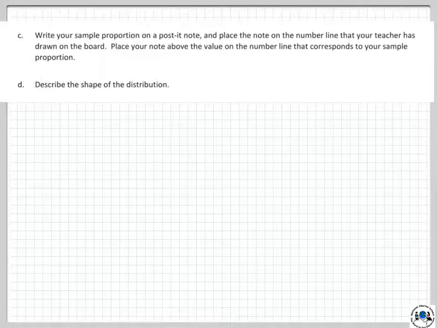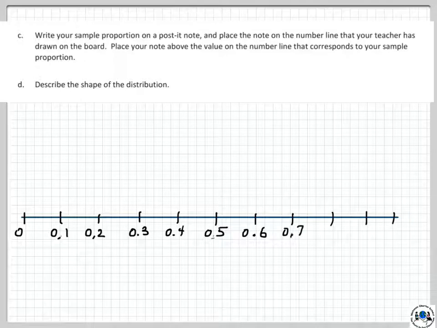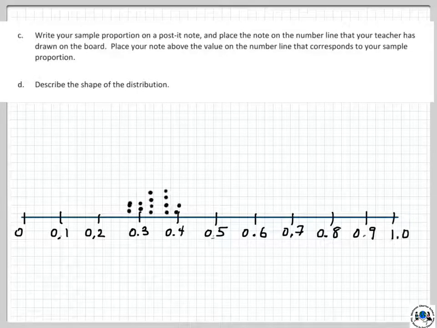Again, drawing the same number line as before and populating it now. There are some obvious similarities, as you can see.